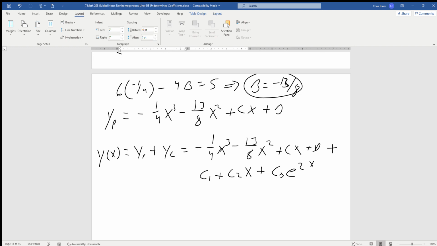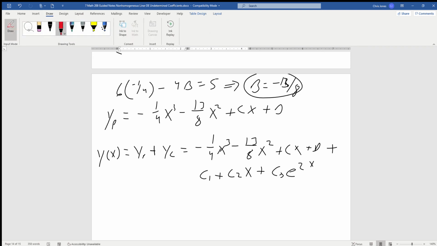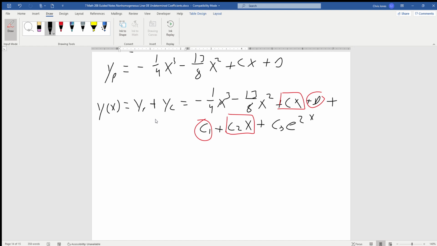Now, to finish this off, notice that c1 and d are both constants, so we can meld them into a new constant. Notice that c2x has the same term as cx, so we would usually just combine these to get a final solution.